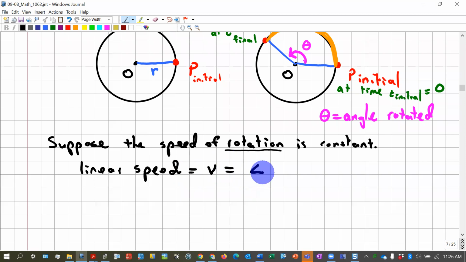That's going to be the change in position divided by the change in time.